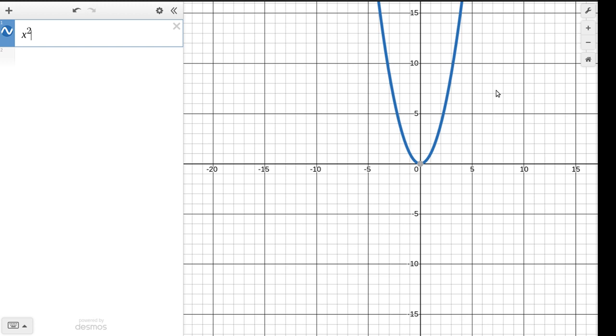That we call the vertical line test. And functions had to pass the vertical line test. If I put in one number, I can only get one number back. But it fails the horizontal line test. In fact, any number and its opposite will yield the same result. And so it fails the horizontal line test, which means this isn't one-to-one.